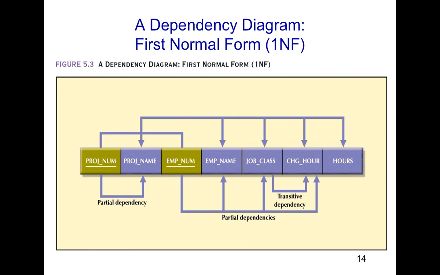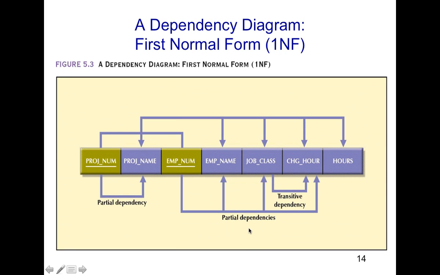So this is a dependency diagram, slightly different form because we're still working with just one table. If we think about it, these little boxes are entities. And this is the diagram for the single table database that we're still looking at because we're only in first normal form right now. So we take the first normal form database and we look at the dependency and the potential keys.